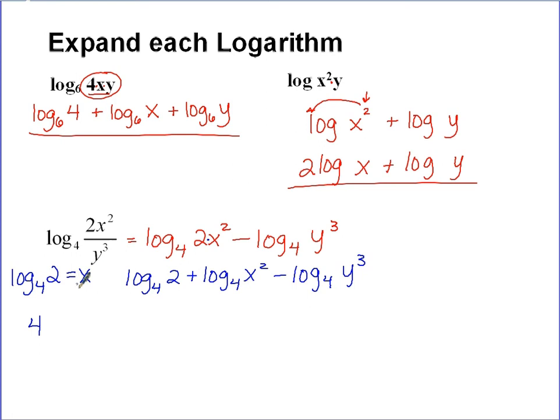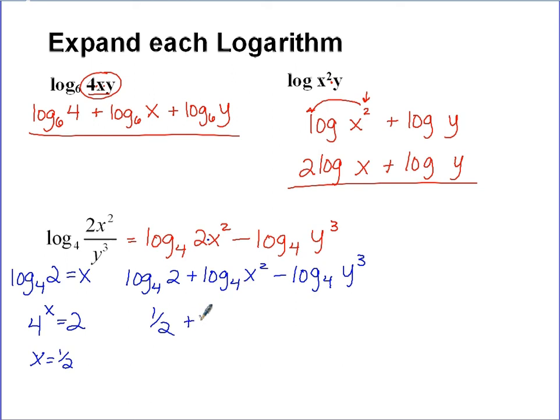My log equals my exponent, so x is my exponent, and this is equal to 2. 4 to what power is 2? Well, the square root of 4 is 2, and the 1/2 power is the same as the square root. So x equals 1/2, and it's not this x. I guess this is a totally different x. I probably shouldn't have used x here, but regardless, this part right here equals 1/2.